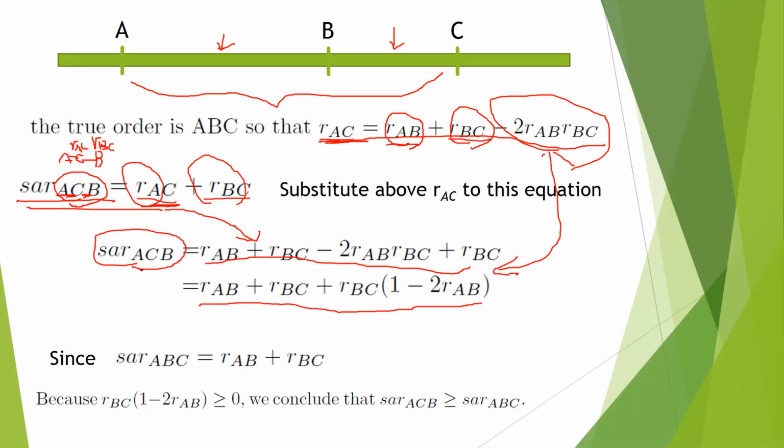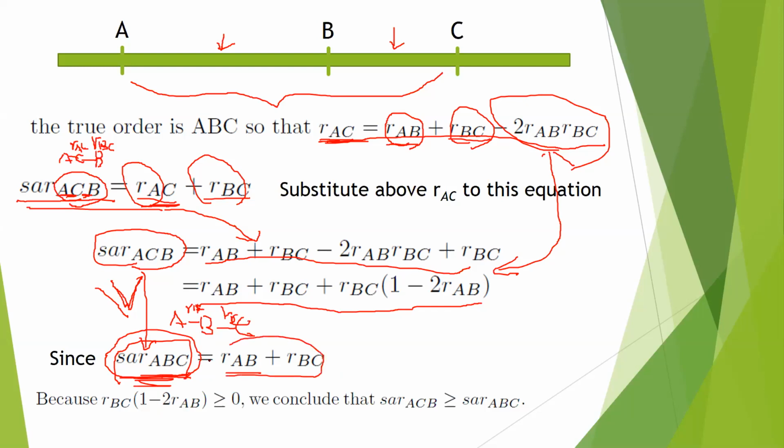Now you want to compare this SAR value ACB versus the SAR ABC. We want to prove this is bigger than, or equal to, this. So this is what we want to prove, right? By definition, this is how we calculate the SAR value for ABC. If you want to evaluate the order of A, B, and C, this is how we define the SAR value: it equals RAB plus RBC here.